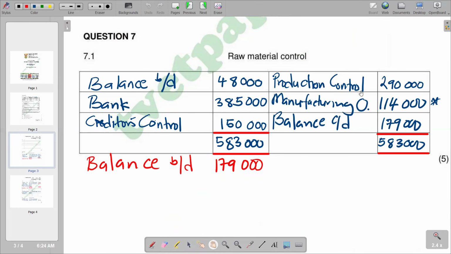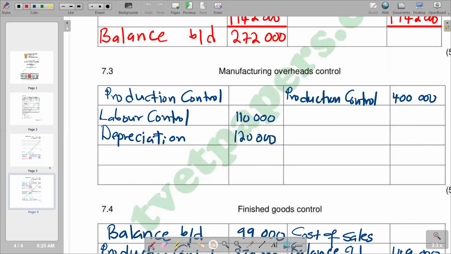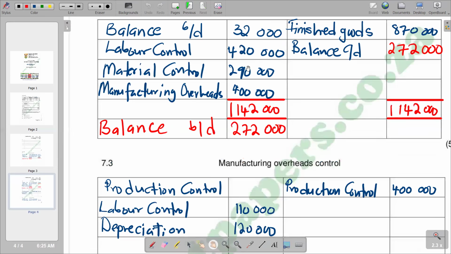Let's just verify that one, which is 140,000. So 140,000, remember, is supposed to go to the manufacturing overheads. But we have 290,000, which is supposed to be debited to production control. We can just cross-check if we did enter that one, 290,000. We entered it here.